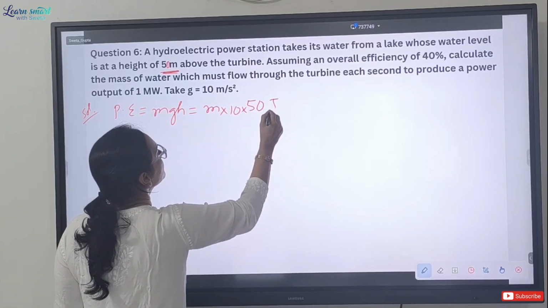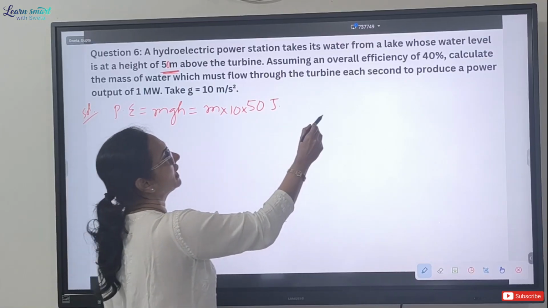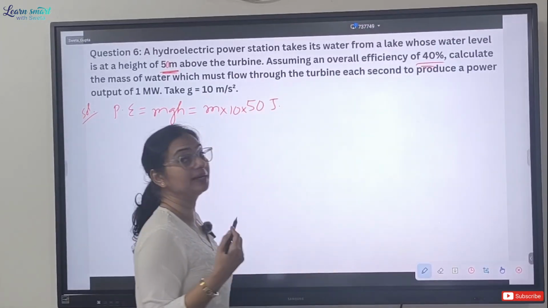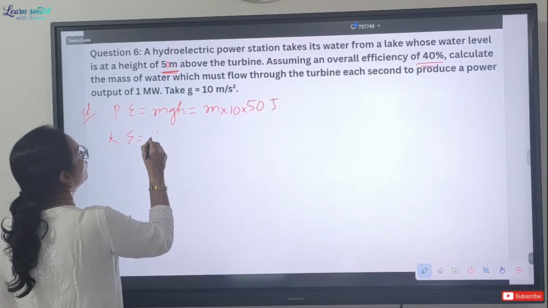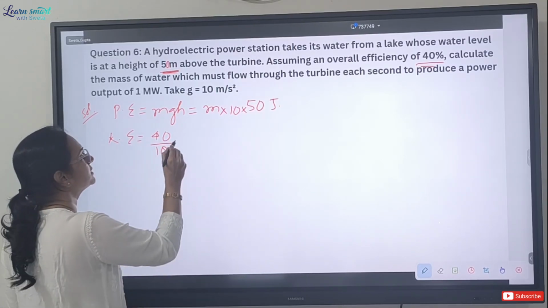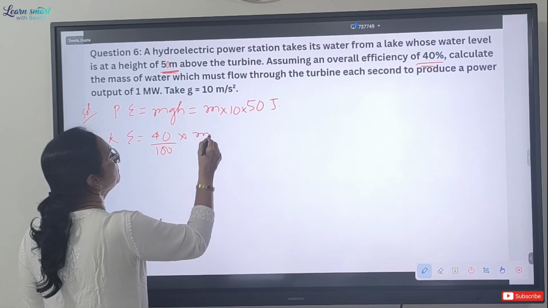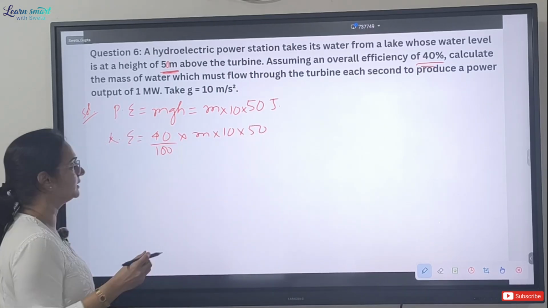So this much joules is the potential energy. This energy converts to kinetic energy, but only 40% of it converts. So kinetic energy is how much? 40 upon 100, 40%. So 40% of m into 10 into 50. Calculate this.